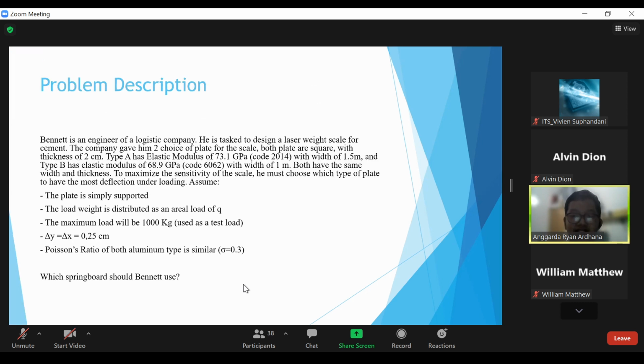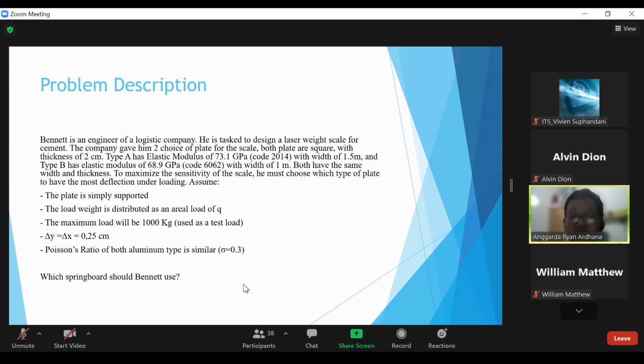So this is our problem. We have Mr. Bennett here. He is an engineer of a logistic company. He is tasked to design a laser weight scale for the cement. And the company gave him two choices of plate for scale. Both plates are square with a thickness of 2 cm.